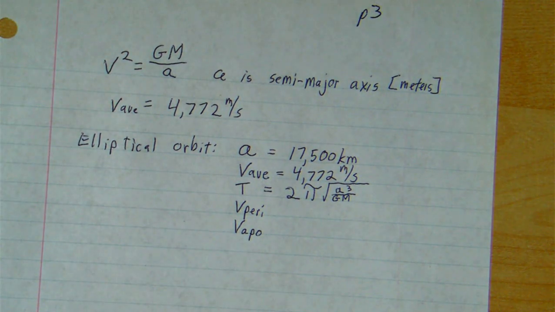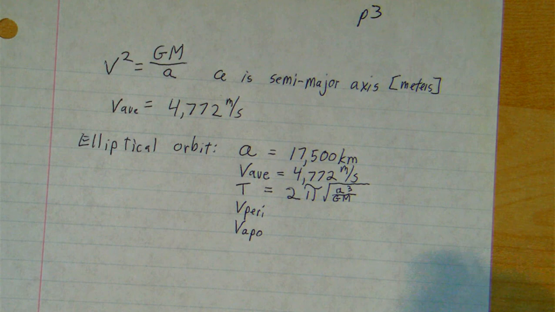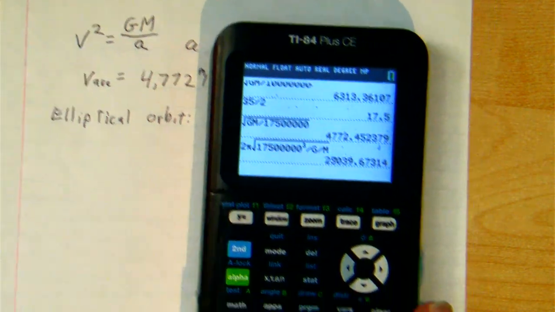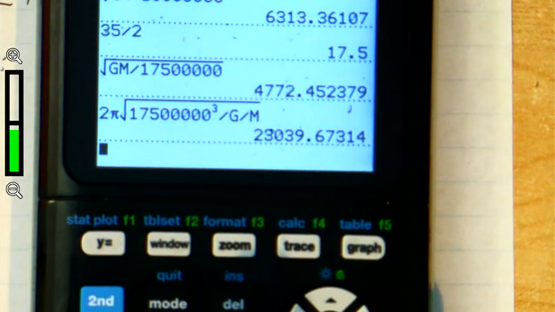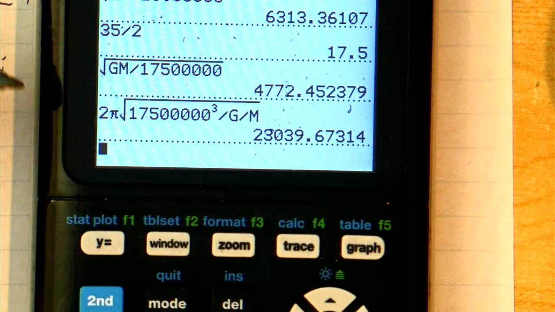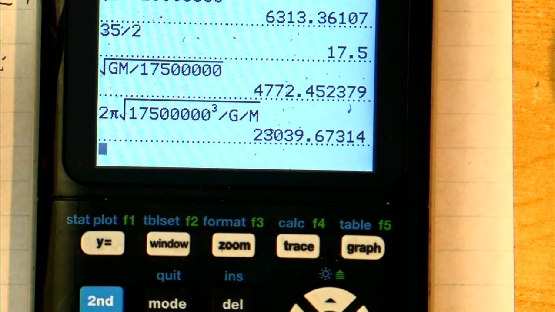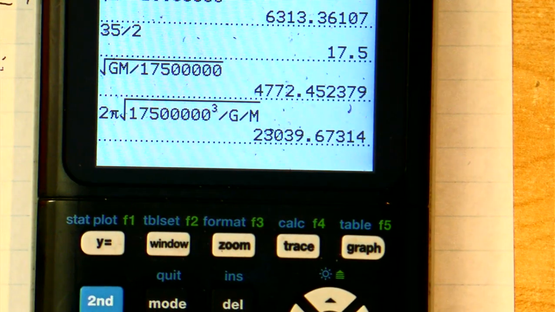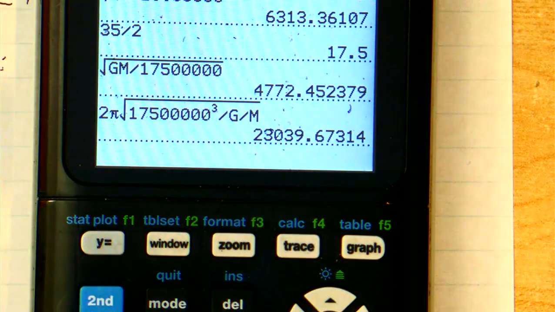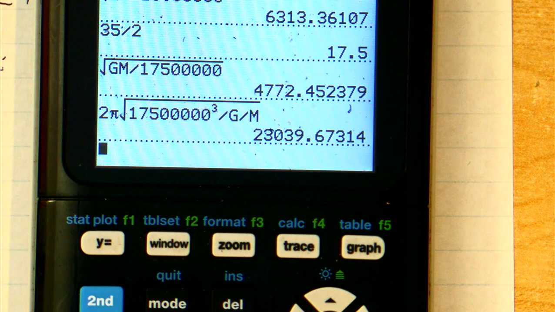And sadly, this one is turning out to be too challenging for the majority of my students to get. But the way you should solve for it would be to say square root of 4 is 2, square root of pi squared is pi, so 2 pi times the square root of, put in the semi-major axis in units of meters, so 17,500 kilometers becomes 17,500,000 meters cubed.